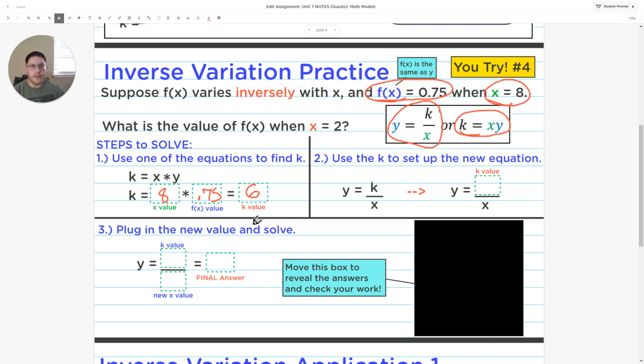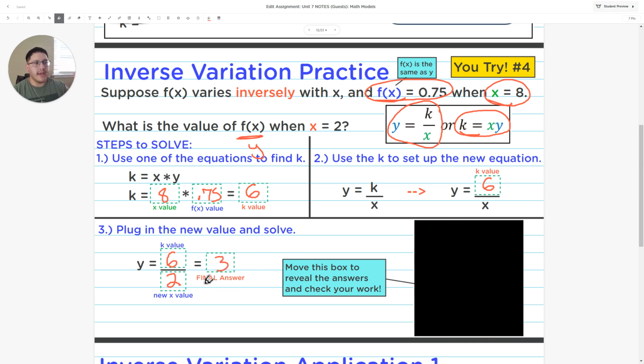Plug that into the first equation you didn't use. Y equals k divided by x. And then y equals 6 over x. That is our new equation. Now, what is the value of y when x is equal to 2? Well, using our new equation, 6 divided by 2 will be 3.